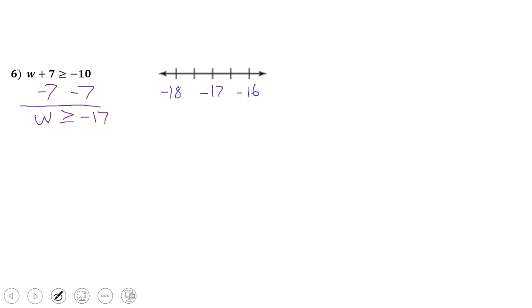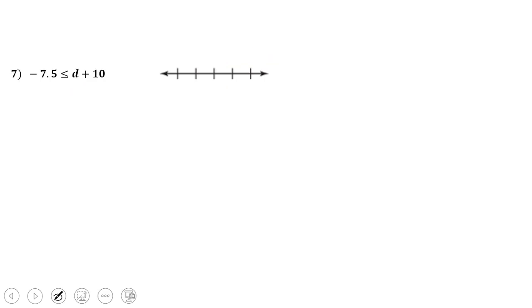One that's less is -18. I know that my target number is included because it's greater than or equal to. So I have a closed circle on my target number. And with the variable on the left, I can follow my inequality and draw my arrow showing all the numbers in the solution set going to the right of our target number.